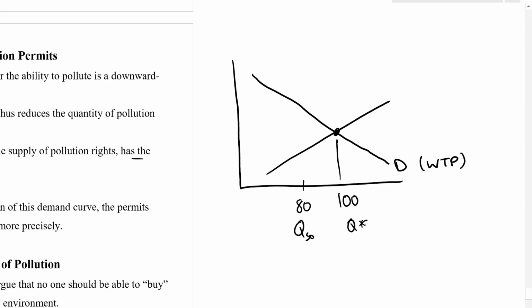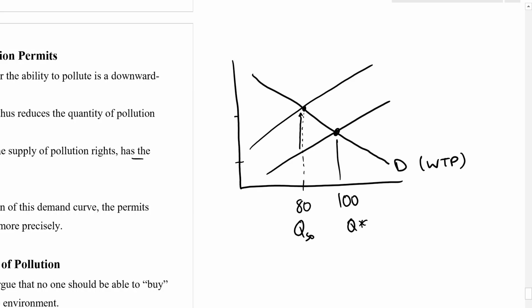In order to know what type of tax to put into place, or what type of across-the-board regulation to put into place, well, we would want the supply curve to shift up by this much. So that would be the value of the tax. And so let's suppose going from here to here is a $20 tax on whatever the market is.